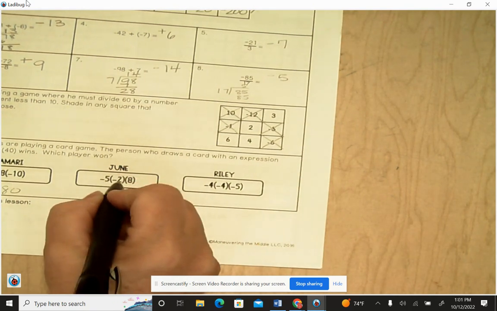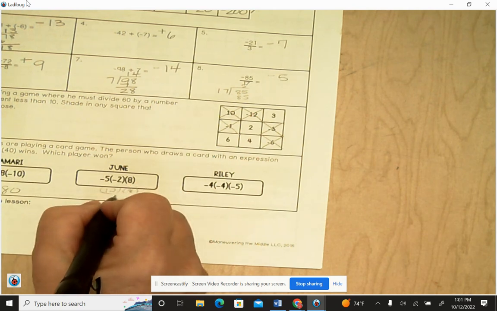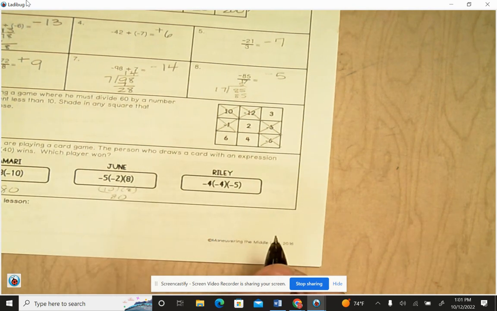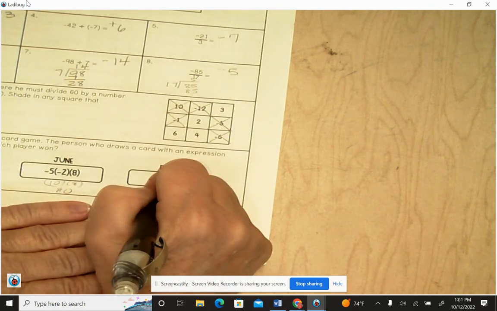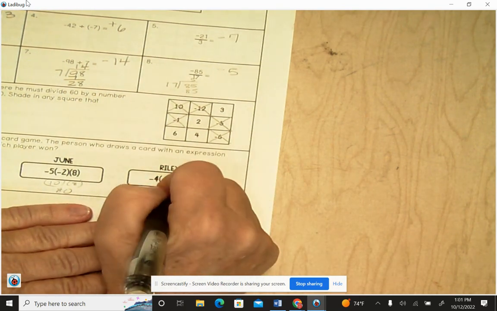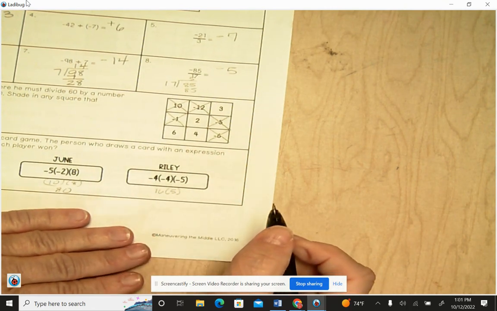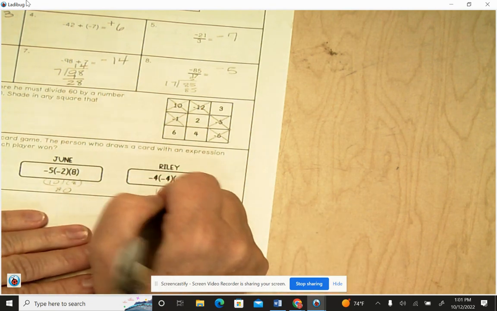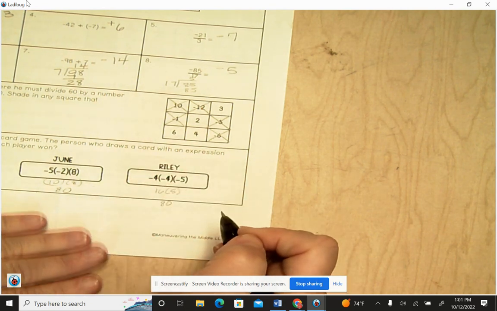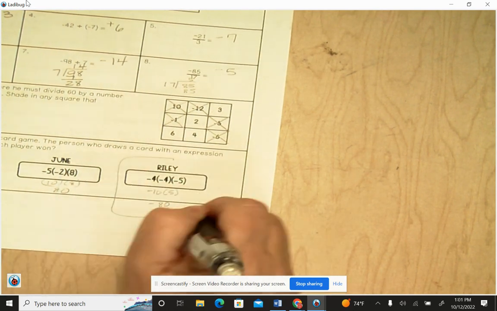June has -5 and -2, which is 10, and 10 times 8 is 80. -4 times -4 is 16, and 16 times 5 is 80. Negative 80. So who won? Riley won.